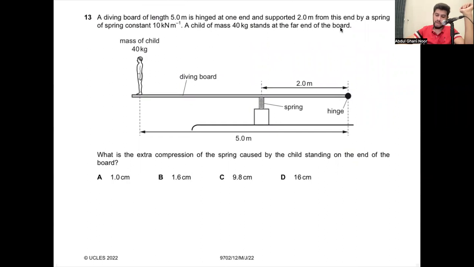So this child causes anti-clockwise moment about this hinge. And the spring causes clockwise moment. And it's balanced.